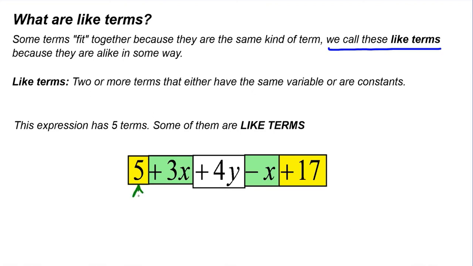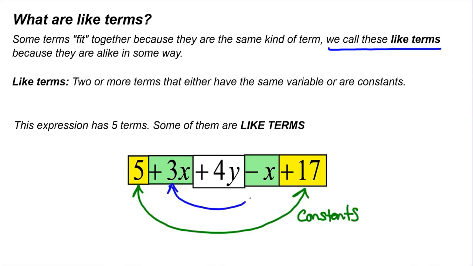So these terms here, the 5 and the 17, these are both constants, so they are like terms. They belong together. And then we have the 3x and the x, they belong together because they both contain an x in their terms. And then the 4y, that doesn't match with anything, so it's kind of by itself. It doesn't have any like terms in the expression.